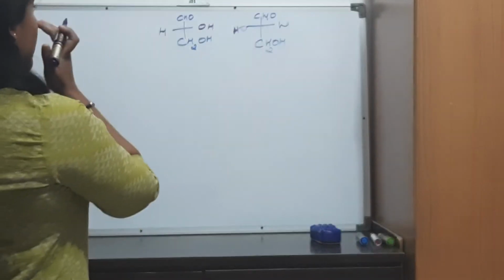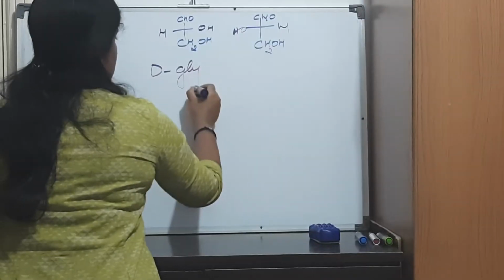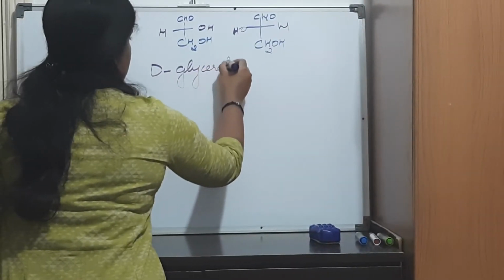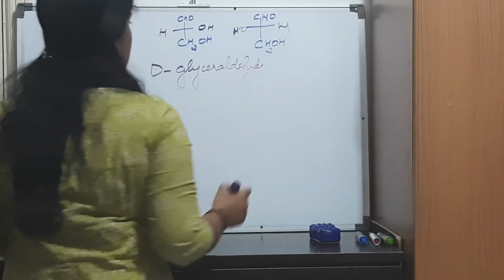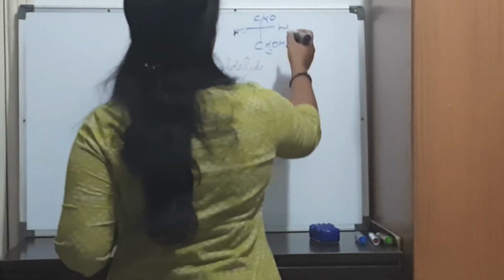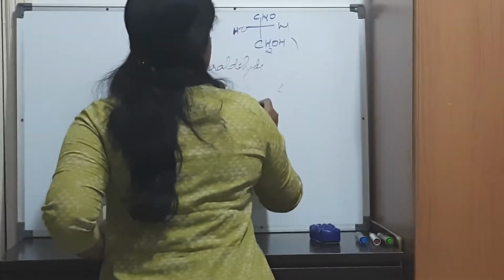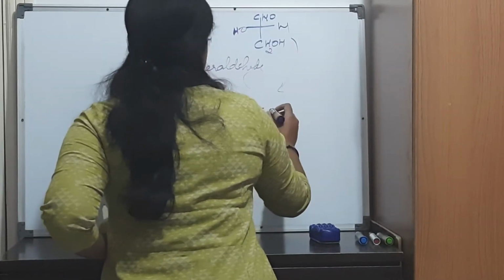And if I have H on the left side, it is D-glyceraldehyde. Okay. And if I have it on the other side, this is the L form of glyceraldehyde.